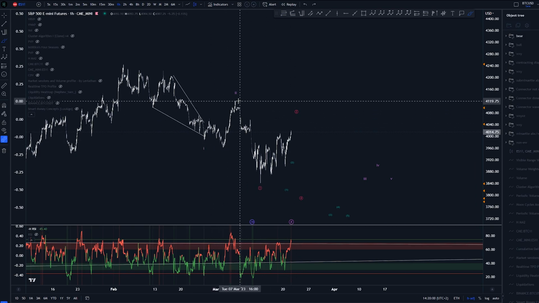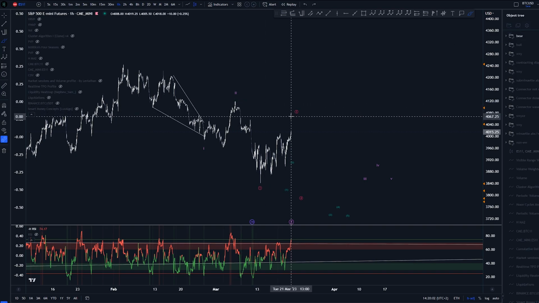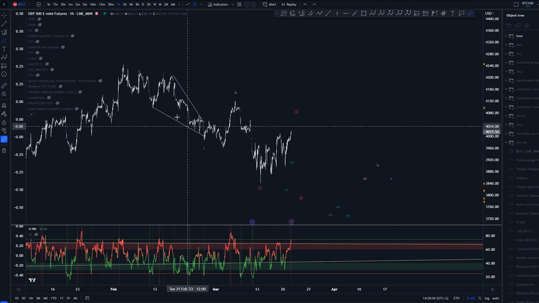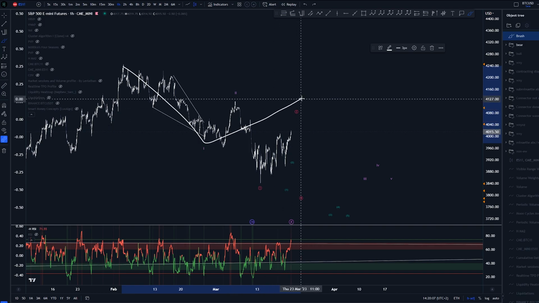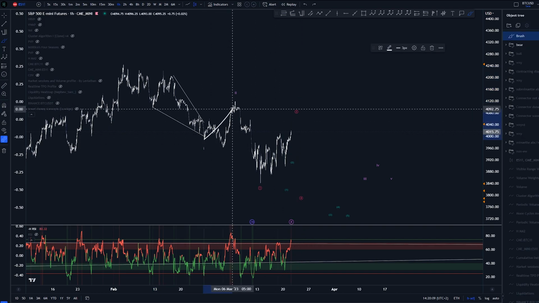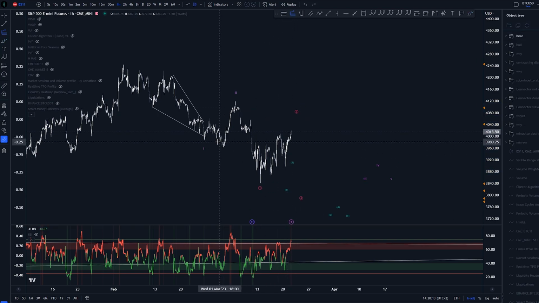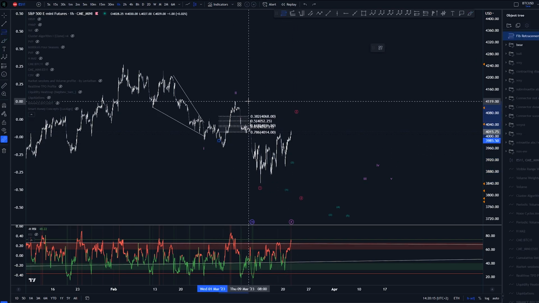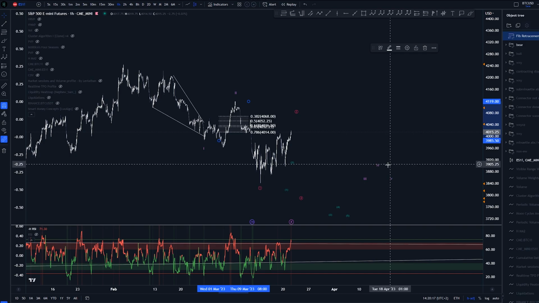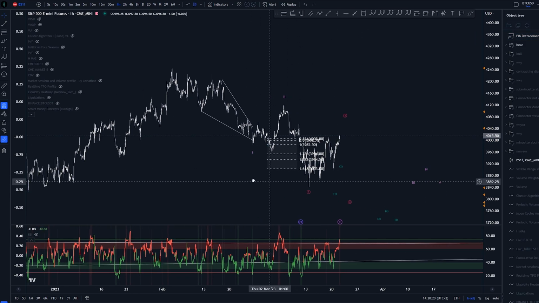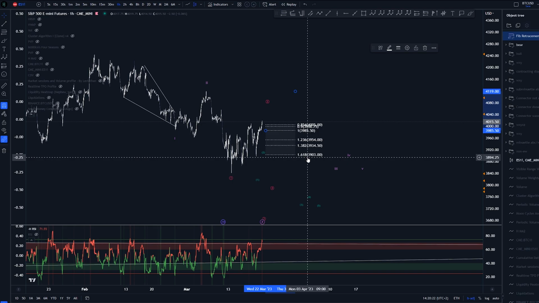Now, if we are breaching this high here, it is pretty clear that we can't have this as a 1, 2. Why? Because again, this would be wave A, this would have to be a wave B, and then this would be wave C. However, this does not stay within this 1.618, which is the key thing here.